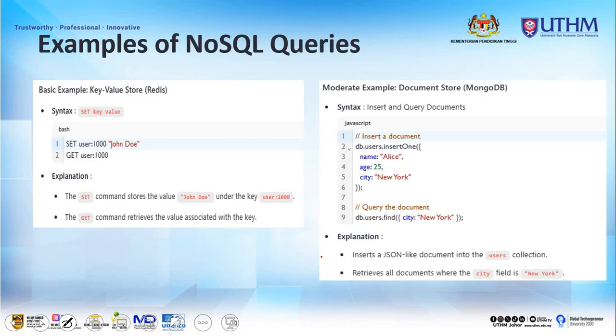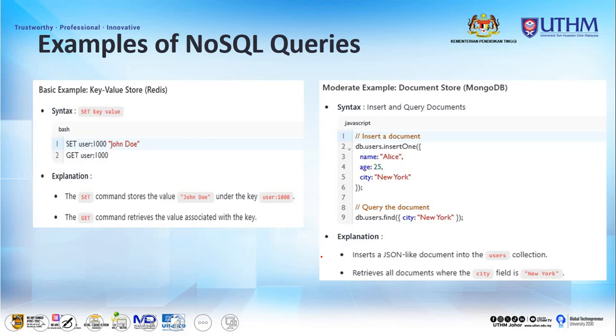Here is an example of NoSQL queries for key value stores, which you can see in Redis. Insert with the set command and the get command: set John Doe and then user is 1000. Then the syntax for MongoDB.